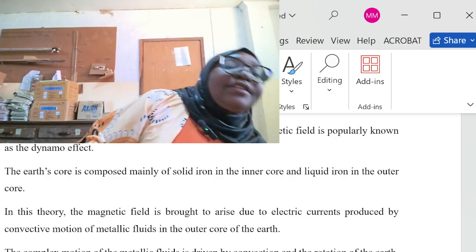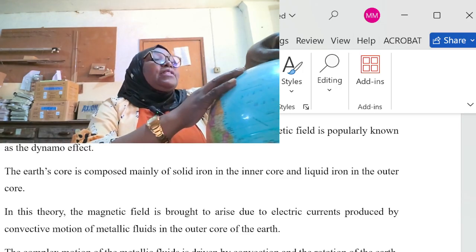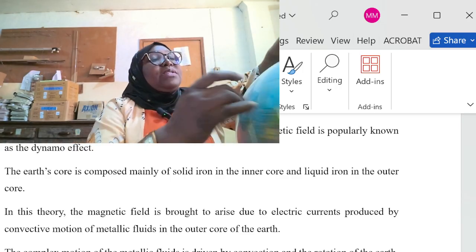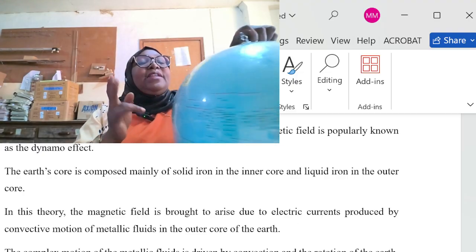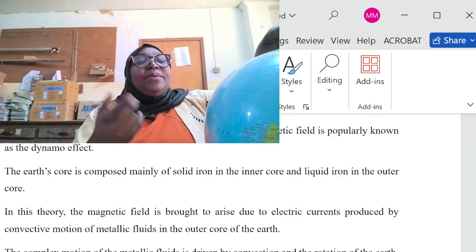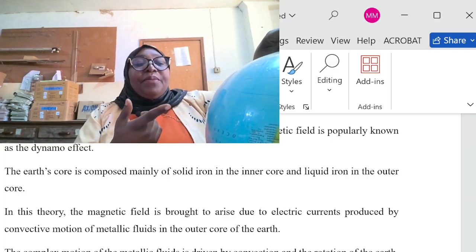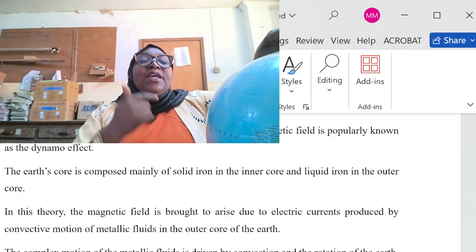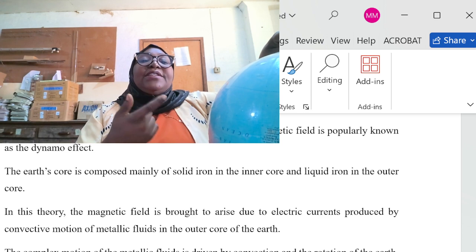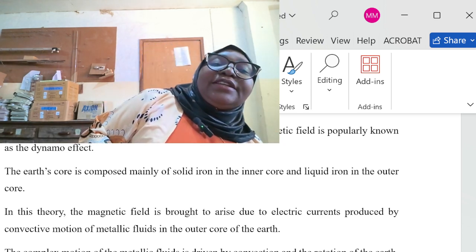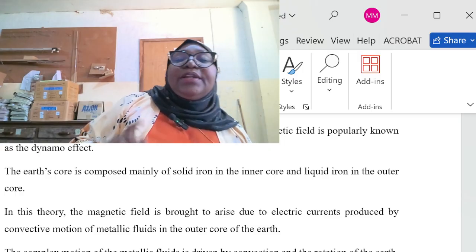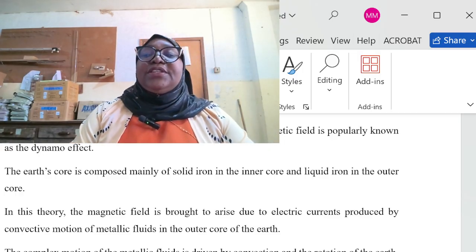Once the Earth is rotating on its own axis, it creates a current, meaning rotation per unit time is a current. This current creates the magnetic field. In every current there is a magnet, so creating the magnetic field.